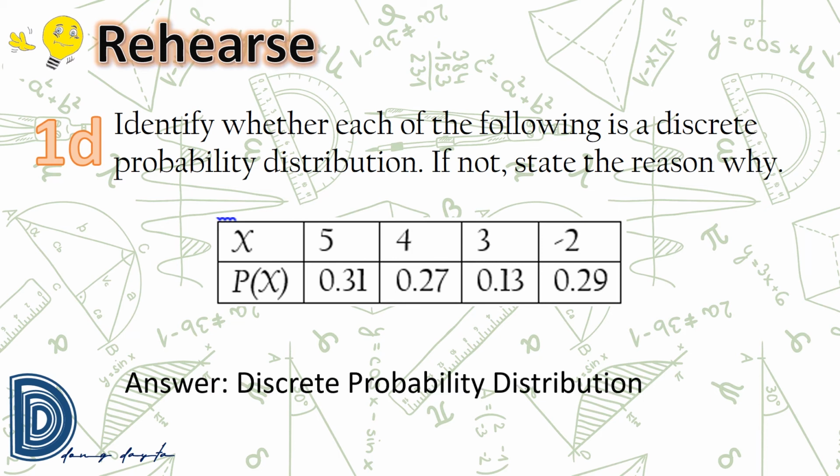This is a discrete probability distribution. Notice that there is a negative value for x, but that is allowed. Checking the requirements for the P of x, this probability distribution satisfies the requirements. So this is a discrete probability distribution.